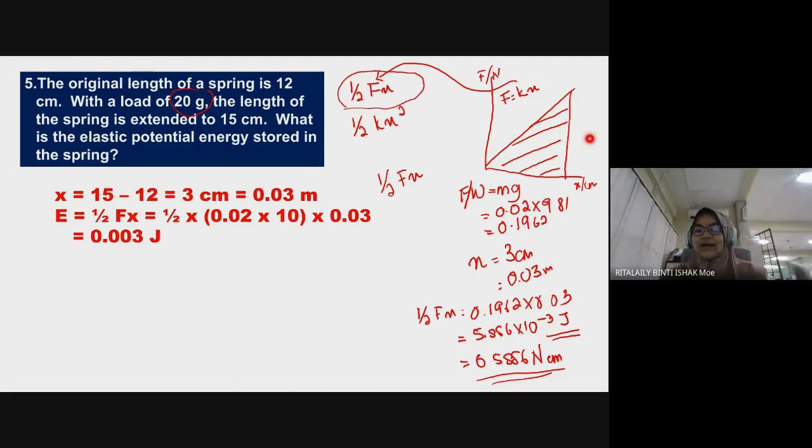Oh, terlupa. Half. Patutlah saya punya jawapan pelik. So half. Tak ada siapa pun cakap apa-apa.